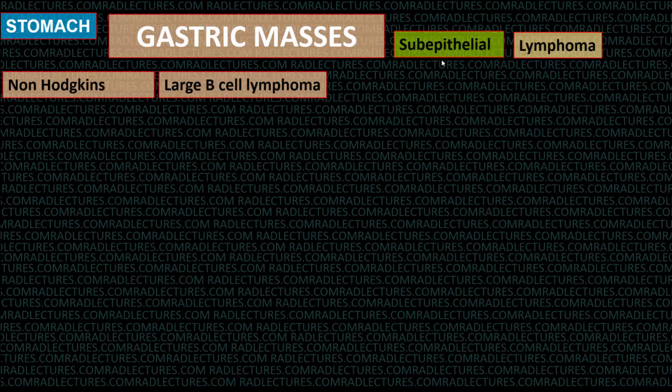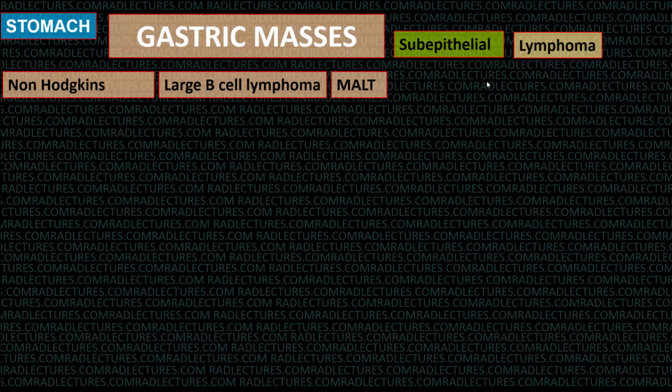Stomach is the most common site of a primary extranodal lymphoma, and it arises from this tissue in the wall of the stomach, which is called MALT, which is basically mucosa-associated lymphoid tissue. Initially it starts as a low-grade lymphoma, but then it degenerates into a high-grade B-cell lymphoma.